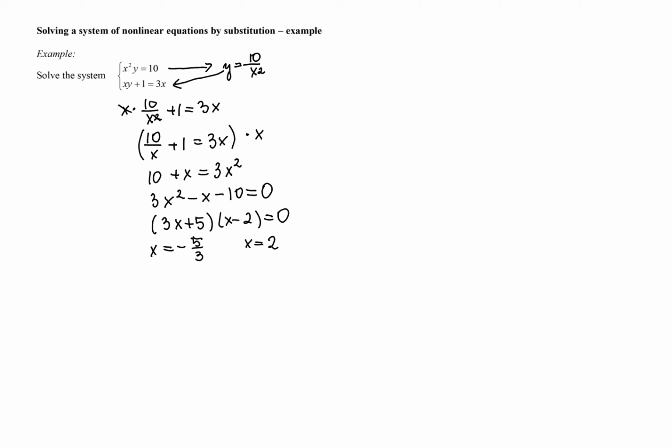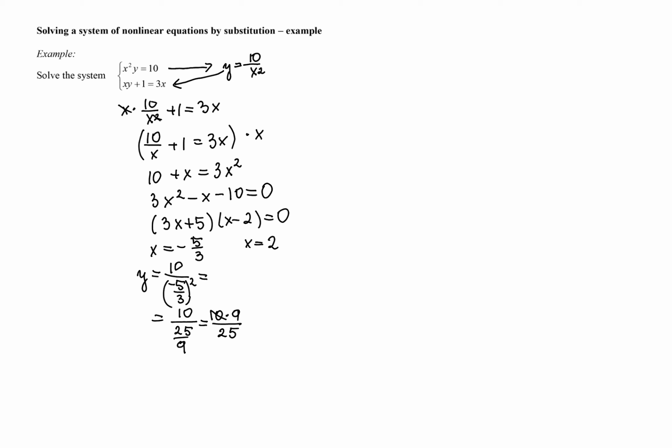We found values of x, now we find values of y. The y is 10 over x squared, so if x is negative 5/3, the y is going to be 10 over (negative 5/3) squared. This is going to be 10 over 25 over 9, and if you divide this, we'll have 10 times 9 over 25.